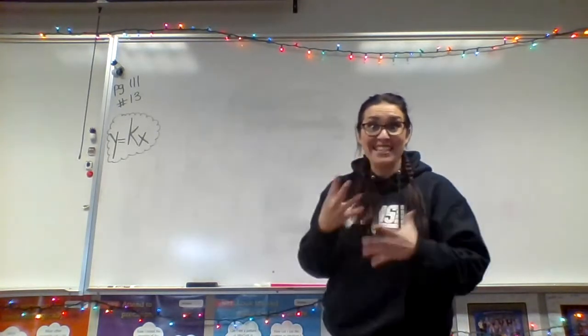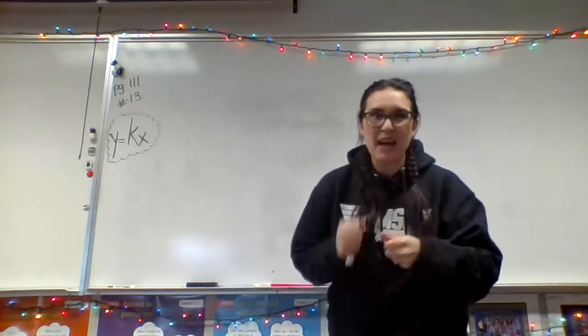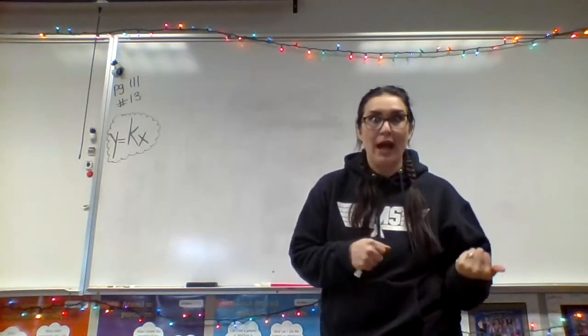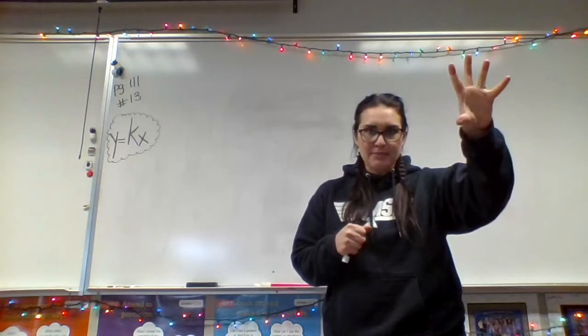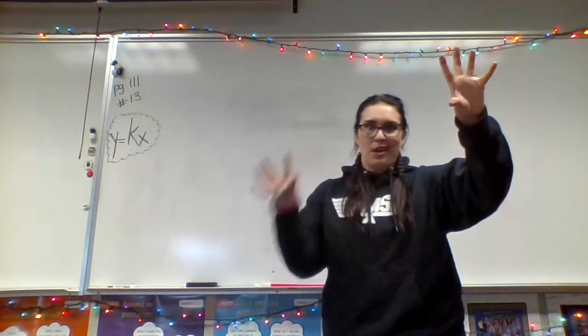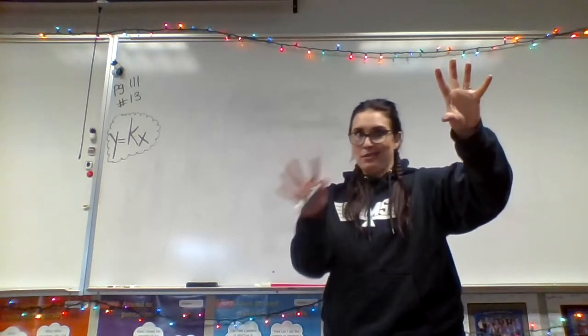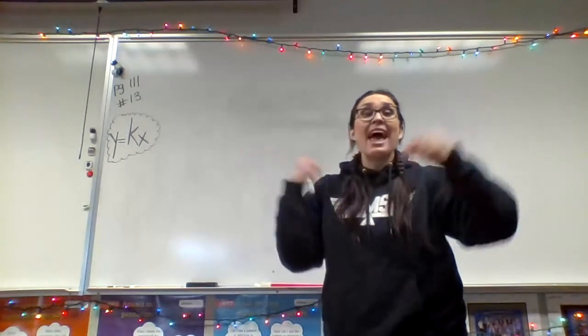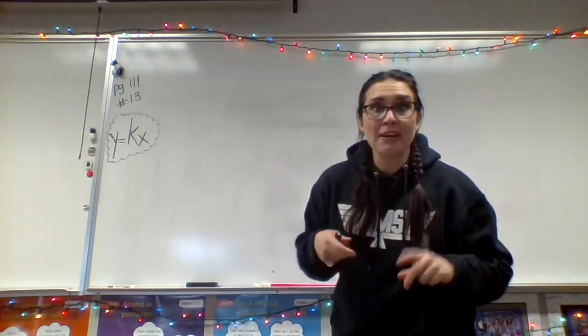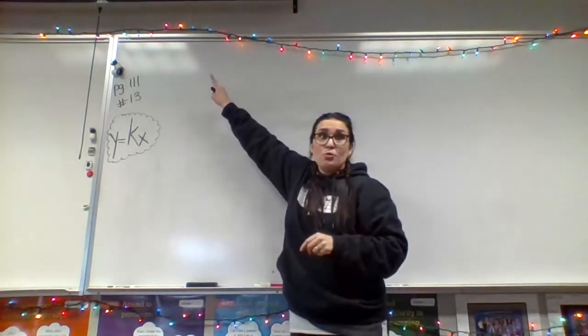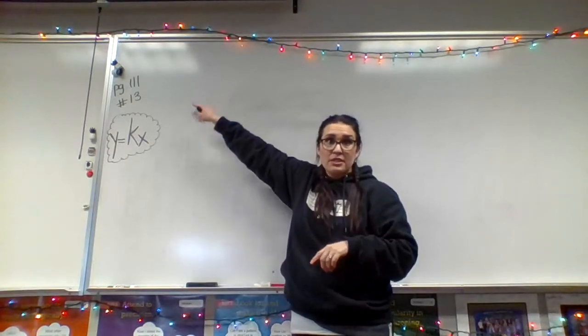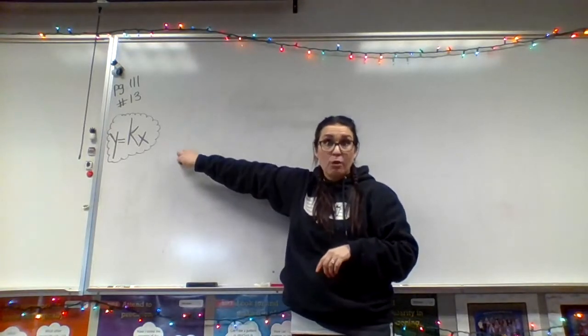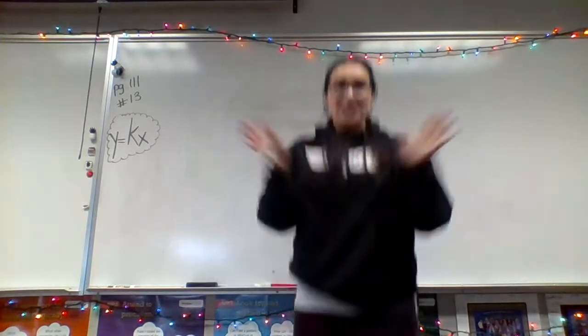K is that variable, that thing that we're going to be multiplying by each time in order to get my y. I have my x, that's my starting point. I'm going to do something with it. That's my k. And then y is that output. All right, my friends? So again, we're on page 111, looking at number 13. Keep this formula in mind. Let's get started.